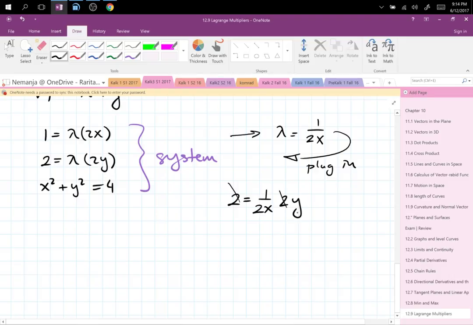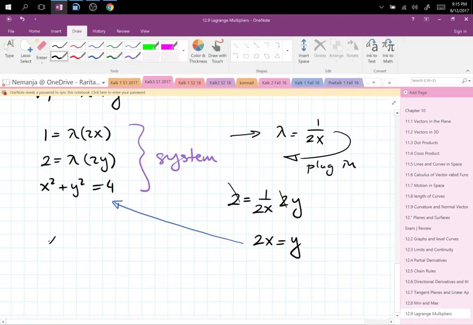The 2's can drop. And I get the equation that 2x is equal to y. So by combining the first 2 equations together, I got a nice relationship between x and y, which I further plug into the third equation.